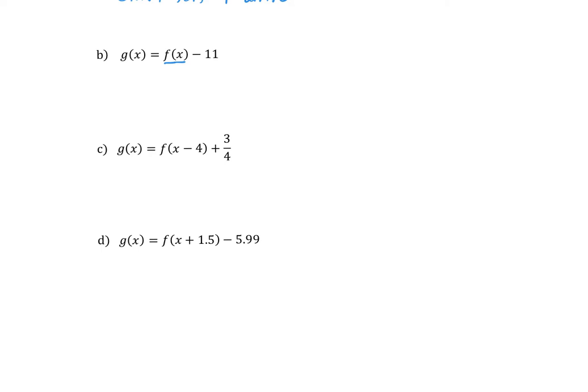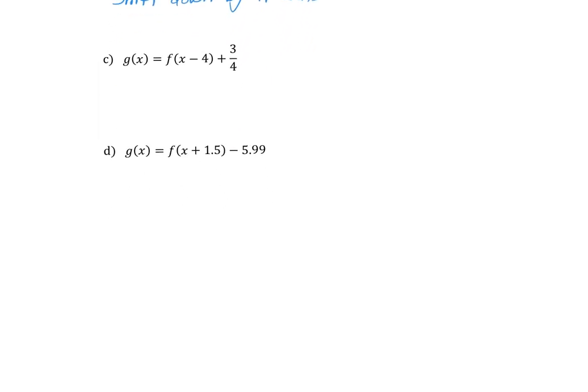So the minus 11 on the outside is changing our y value, and since it's a minus, it would be down. This is a shift downward, or you could just say down by 11 units.